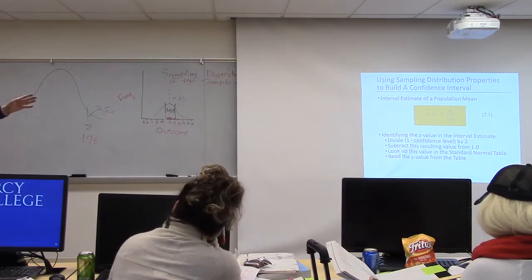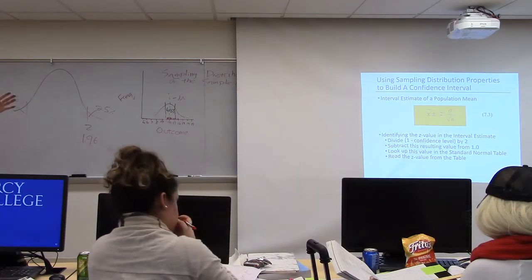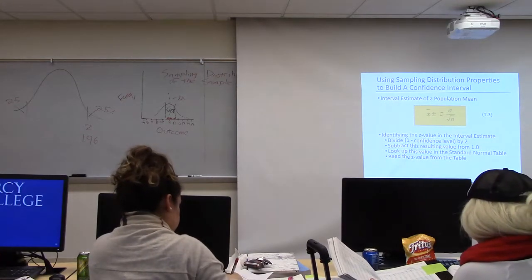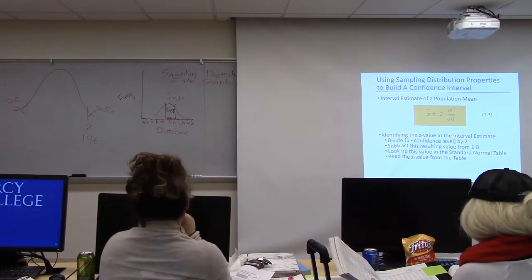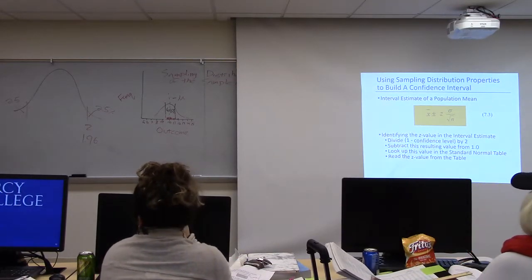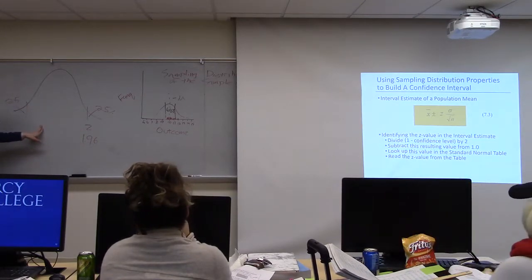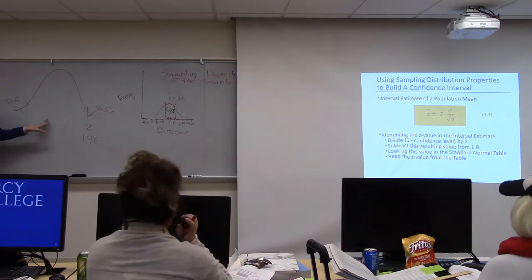So we would plus or minus 1.96 standard errors, and we would stand up in front of the conference and say we are 95% confident that the true population mean is between these two numbers. So we're not looking for the 95%, we're looking for the 2.5 up here, 97.5 down here. You just need to draw a picture and think it through each time.